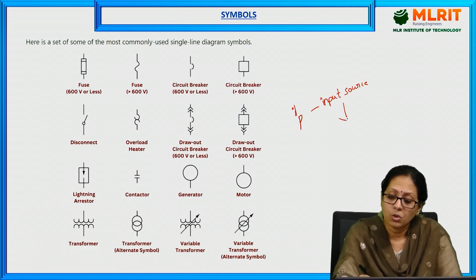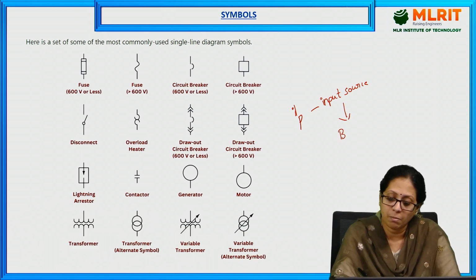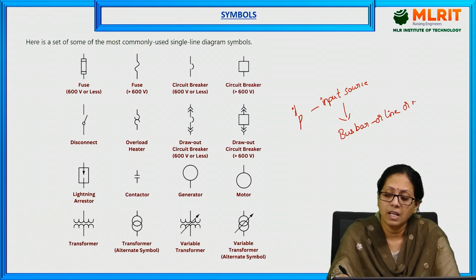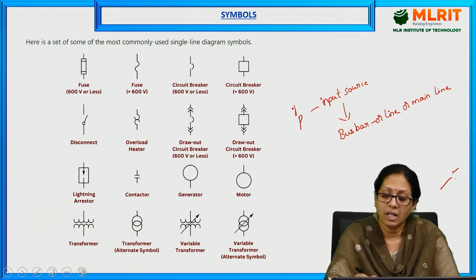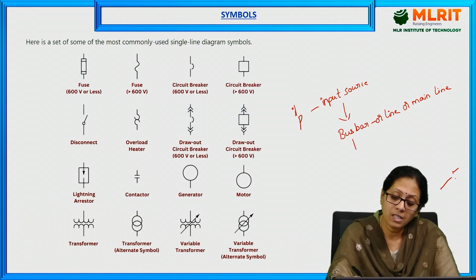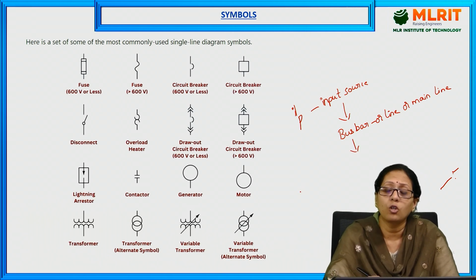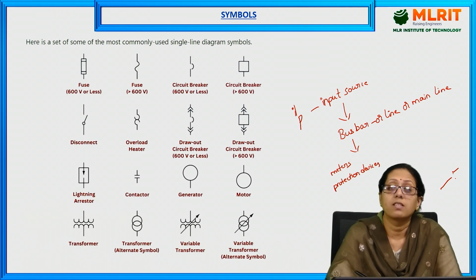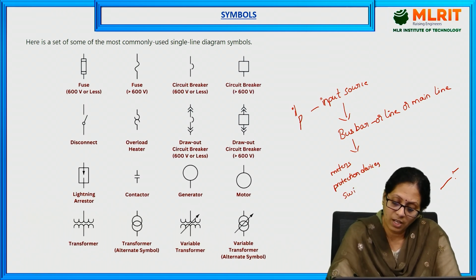That input source should be connected to a bus bar, which is also called a line or main line. This bus bar will have different components like meters, protection devices, switches.